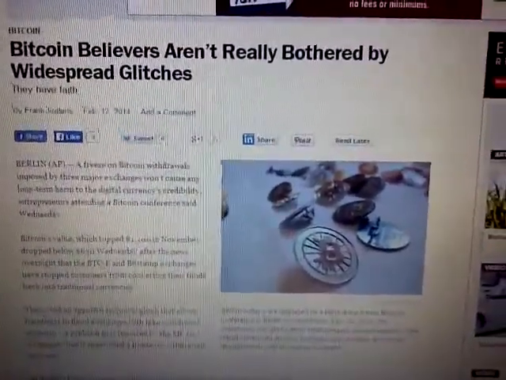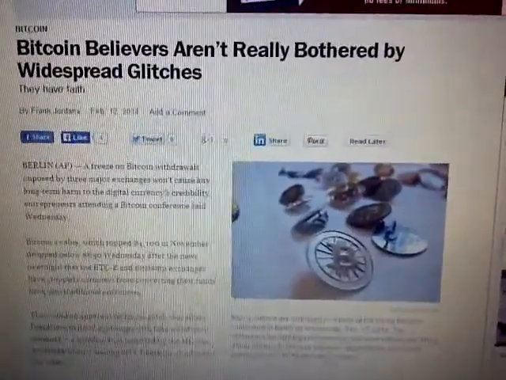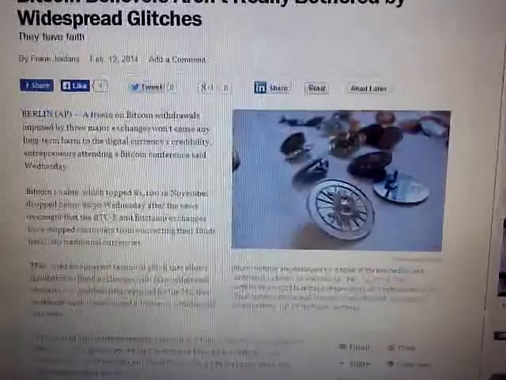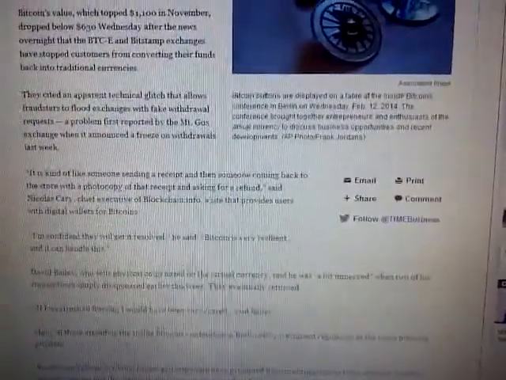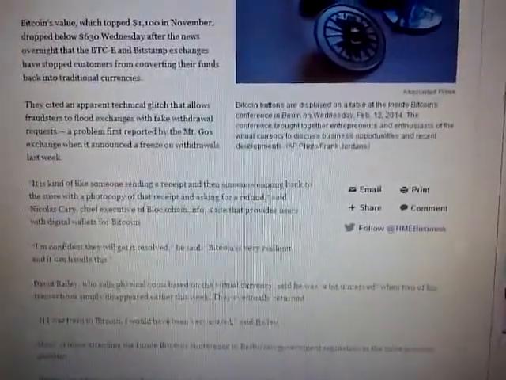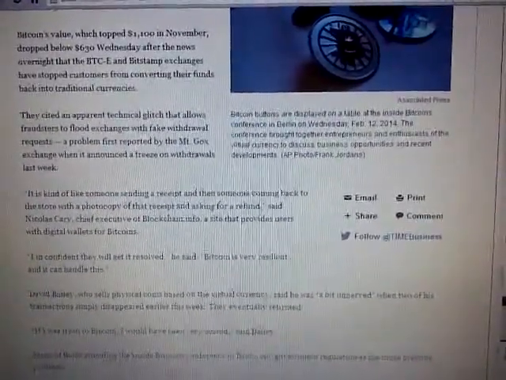Bitcoin believers aren't really bothered by widespread glitches because I think they are going to fix it, and as soon as they do, everything will be back to normal operation. It's kind of interesting with all these attacks at the exchanges, just to muddy the whole network from operating.